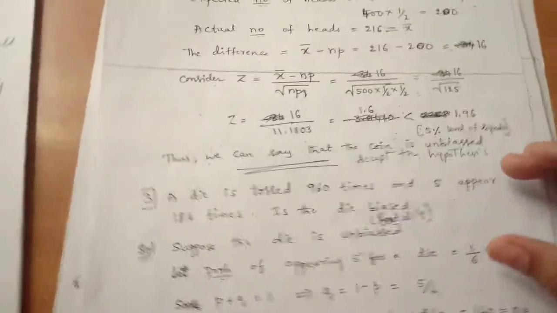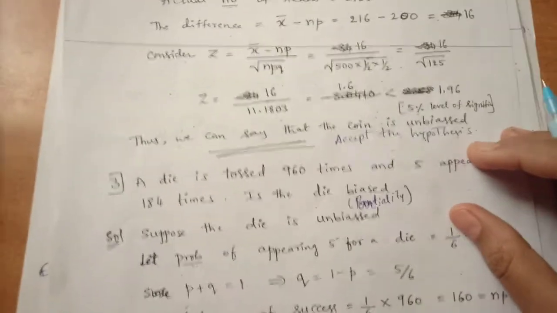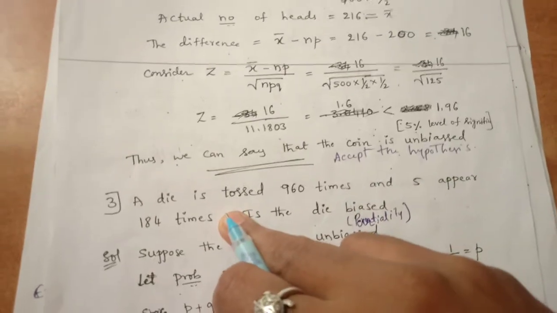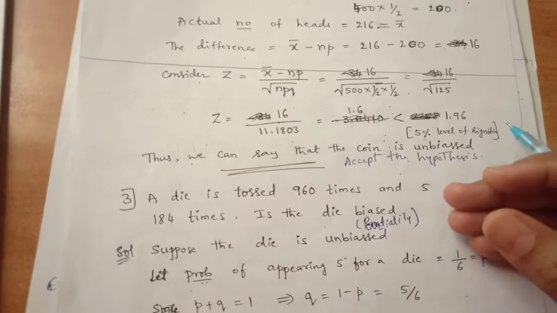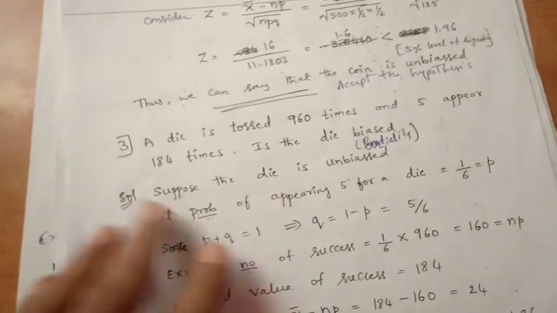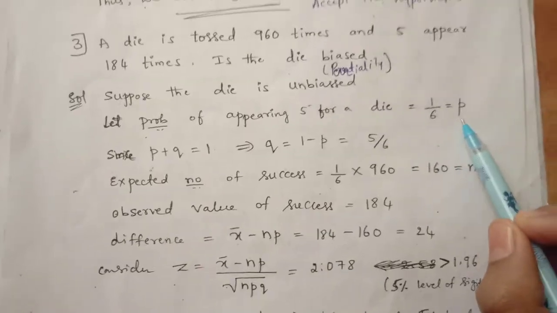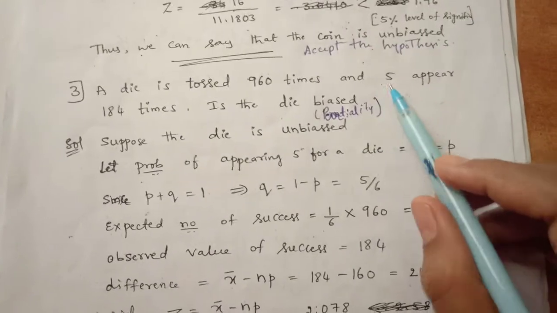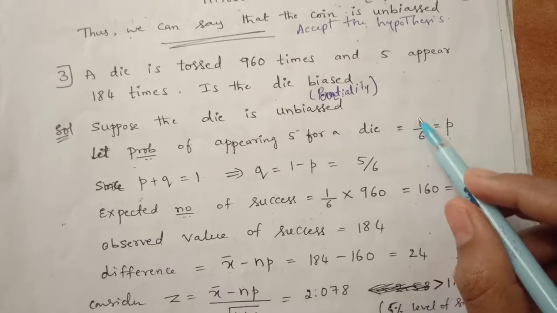Okay. Again we have to apply the first formula here. Earlier it was the coin case, now it is the die case, because one coin and one die we are tossing. Now first we have to find the probability of success P. So the probability of success is 1 by 6.